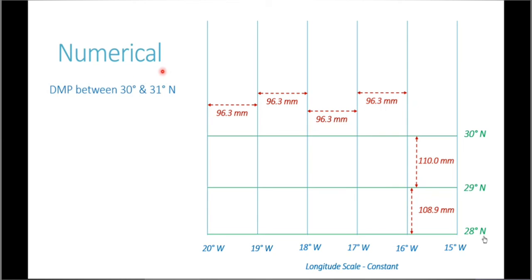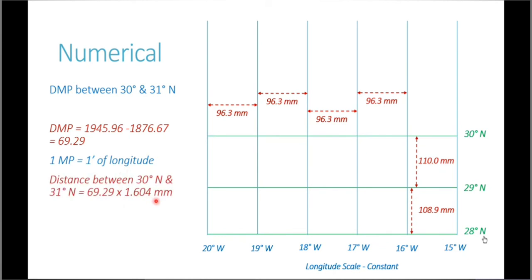Similarly, following exactly the same procedure between 30 and 31, we get the DMP between them. Meridional parts of 31 degree, 1945.96, meridional parts of 30, 1876.67, gives the DMP 69.29. So that means 69.29 minutes of longitude can be placed between 30 and 31. So we know 1 minute of longitude is 1.604 mm.